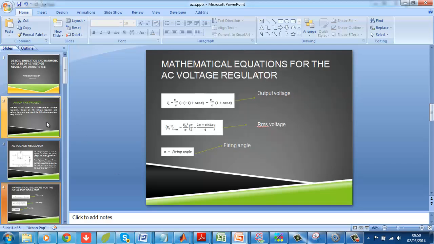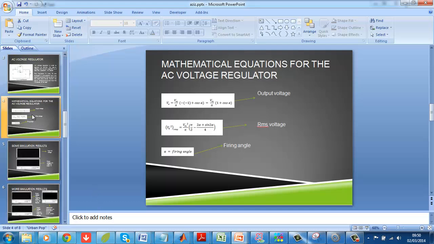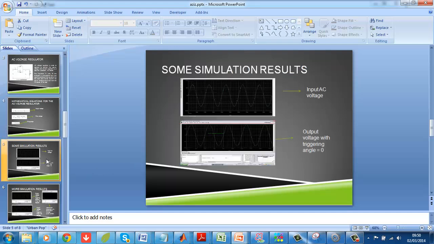And then we showed some mathematical equations to describe the output voltage, the RMS value, and we showed that alpha is the firing angle. And then some results to show this is our input AC voltage, this is our output if the firing angle is 0. This is also triggering angle or firing angle. Remember, it's the same thing. The angle that we use to fire.